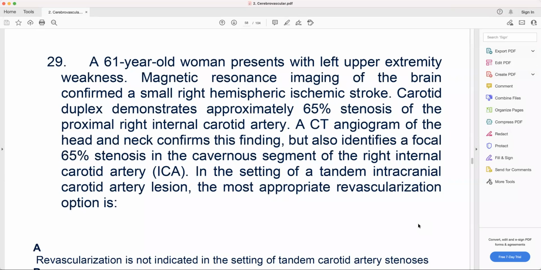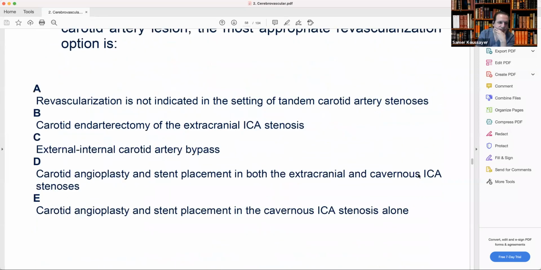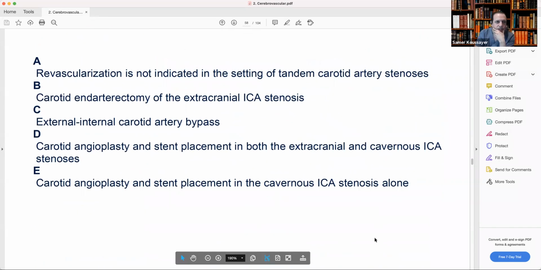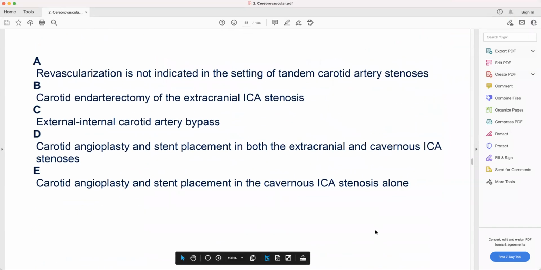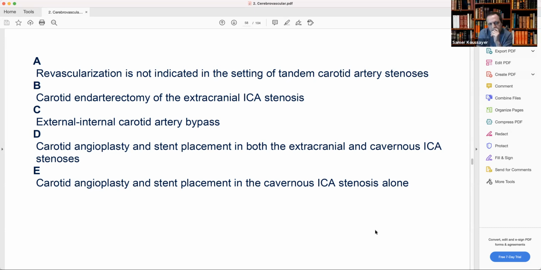Yes, clear, doctor. Okay, let's go through the question now. See what they said here. Revascularization is not indicated in the setting of tandem carotid artery stenosis. Carotid endarterectomy with extracranial. Is that wrong or correct?